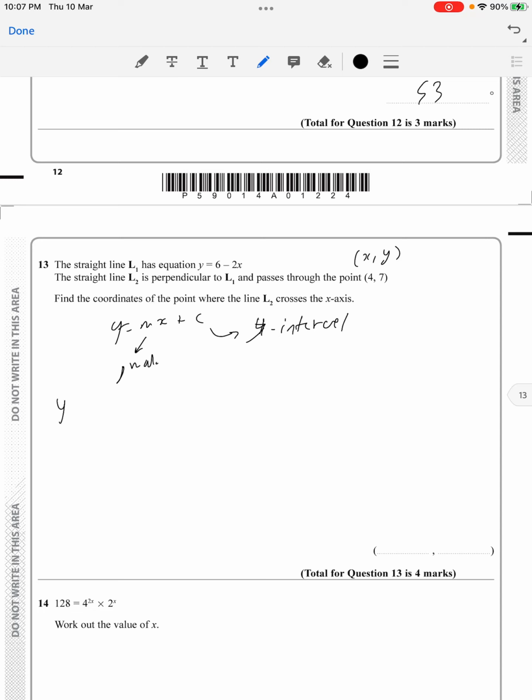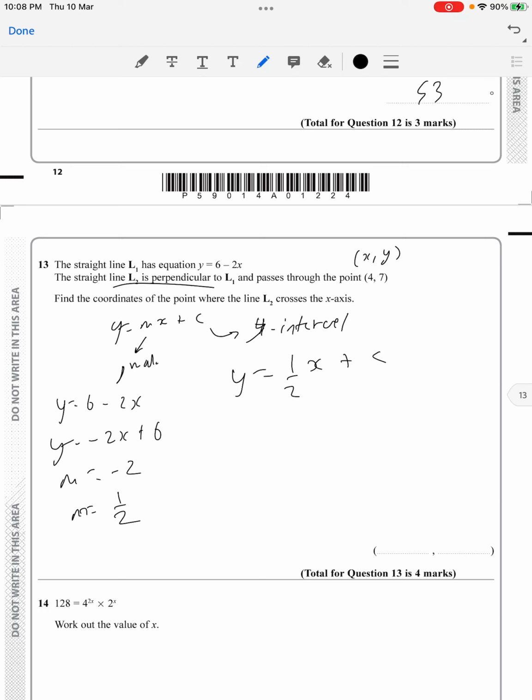So we're going to start off with y equals 6 minus 2x. We would like to rearrange this in the form y equals mx plus c. Once we rearrange that, we find the gradient and then the opposite reciprocal slope, which will be a positive half. Then we create a new equation with a new gradient: y equals half x plus c.